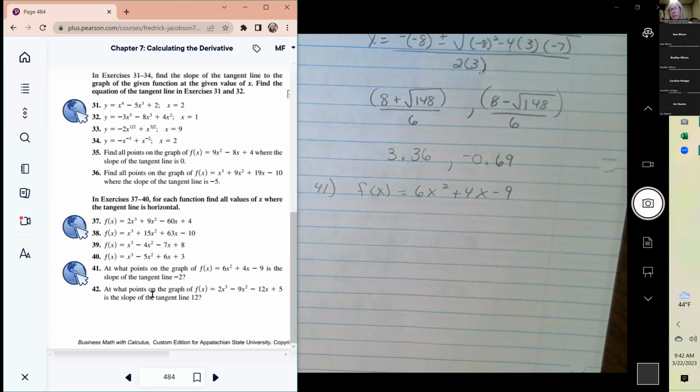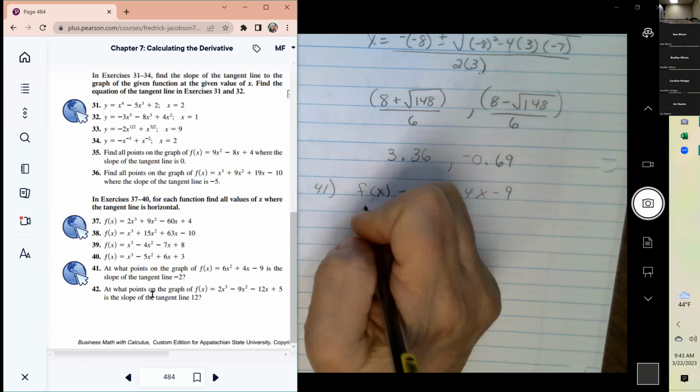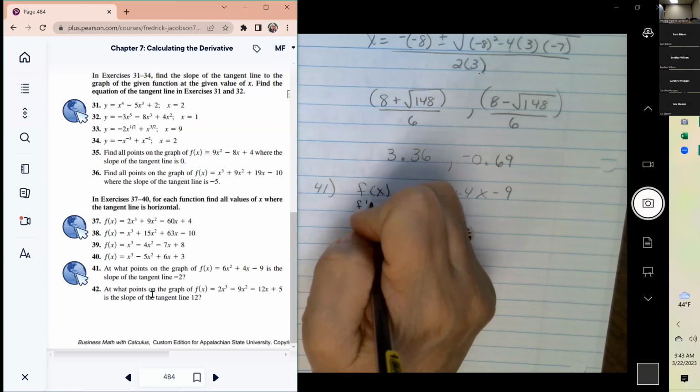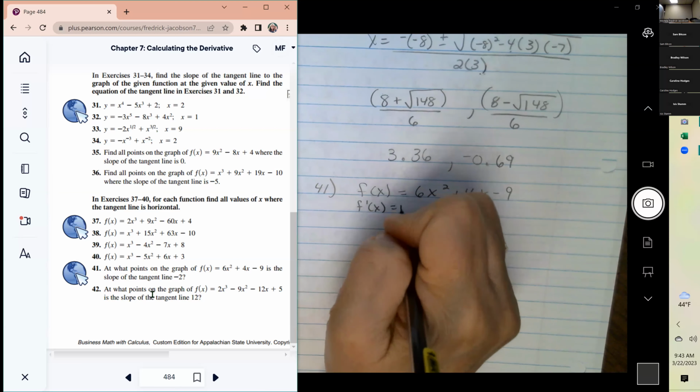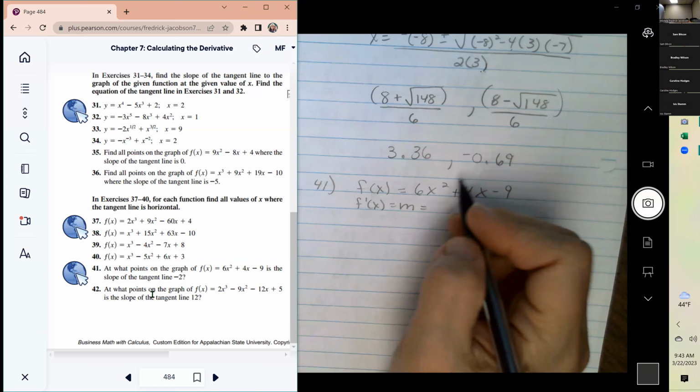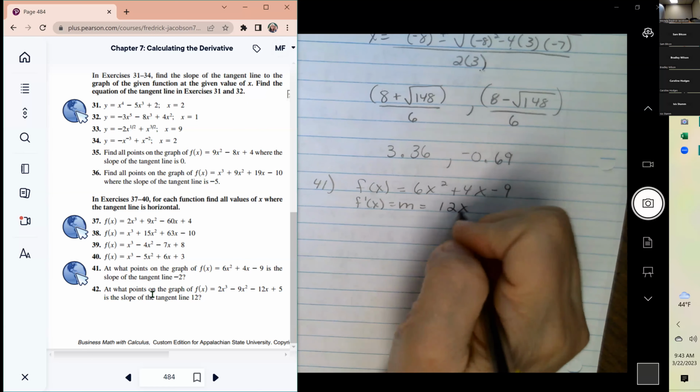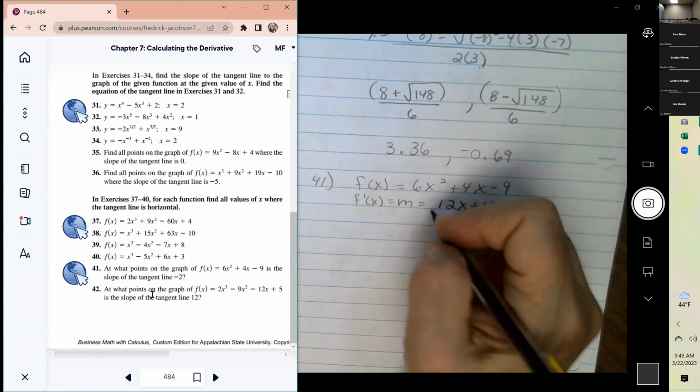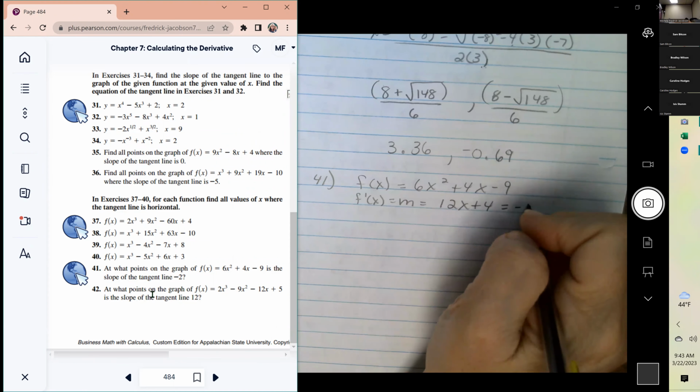Slope of the tangent line, take the derivative, set it equal to -2 and solve. 12x plus 4. We want to know when this is -2.